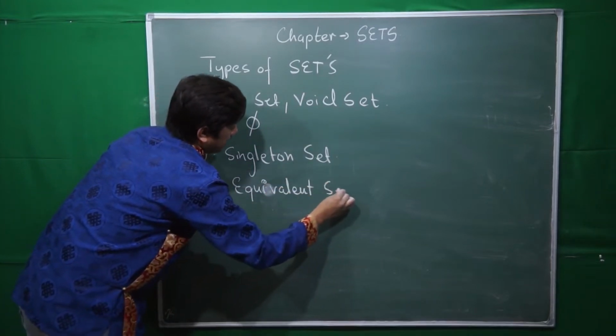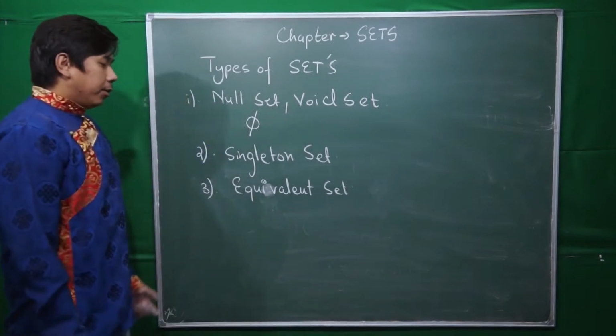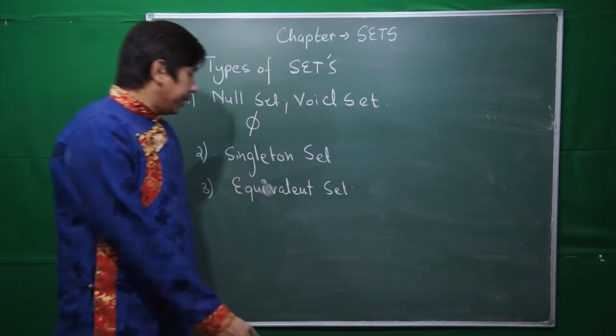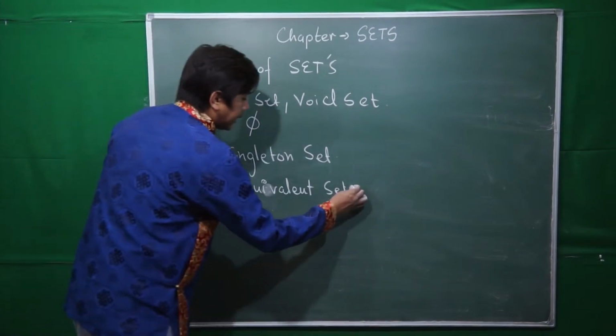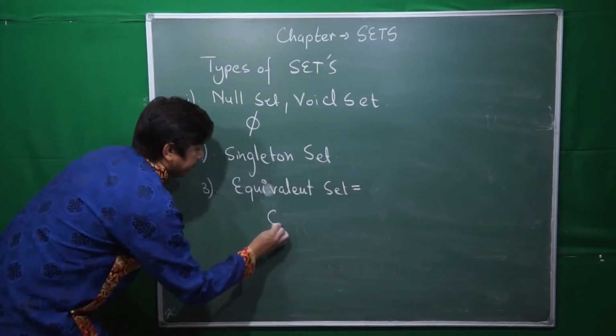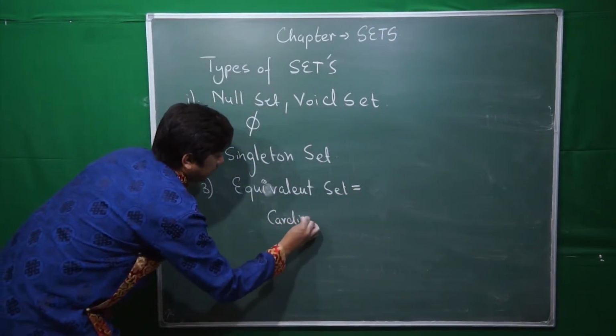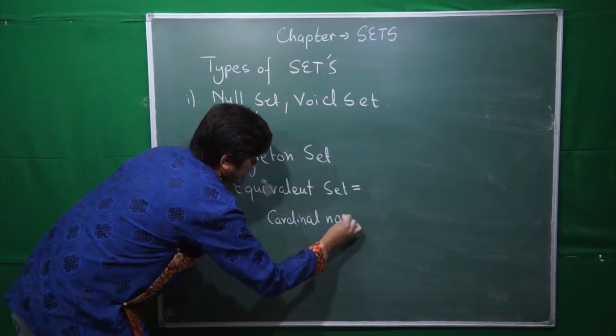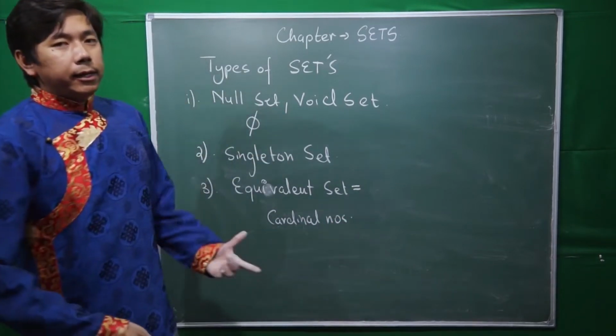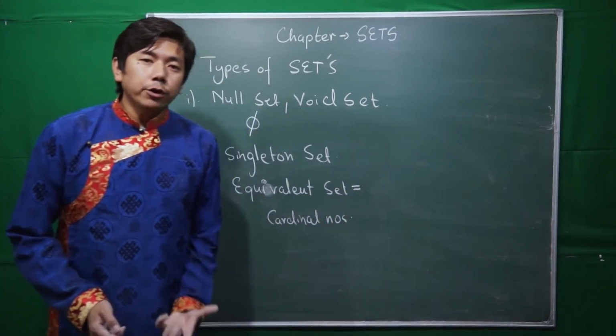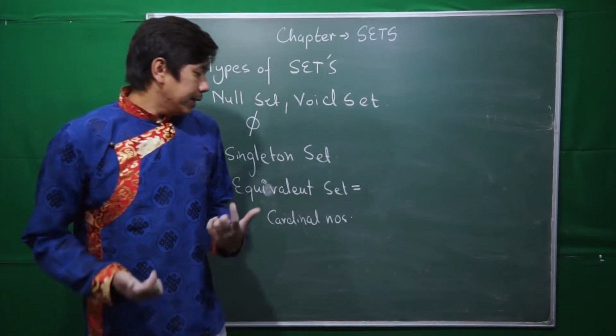Now, what is an equivalent set? Before understanding equivalent set, we should know what a cardinal number is. Cardinal number is nothing but the count of the elements in a given set.